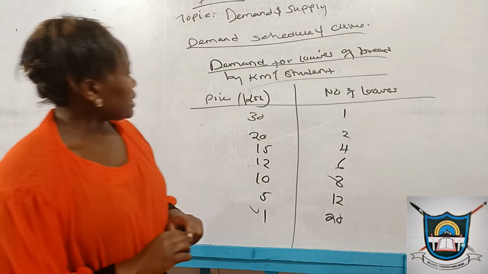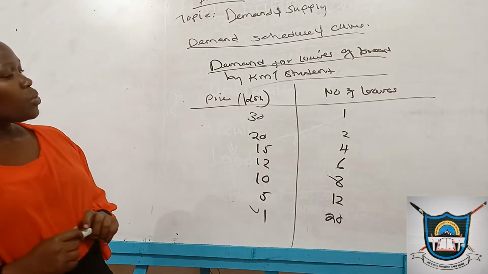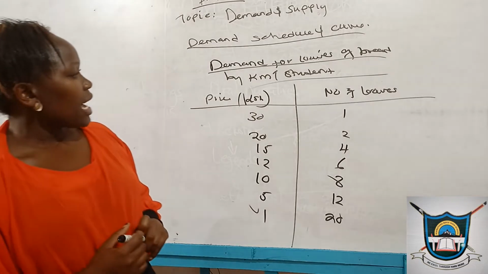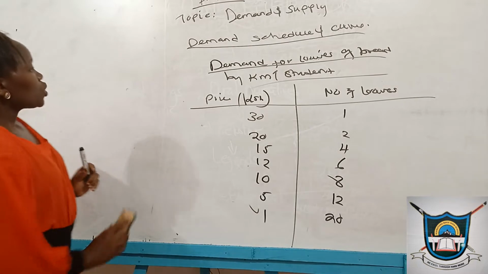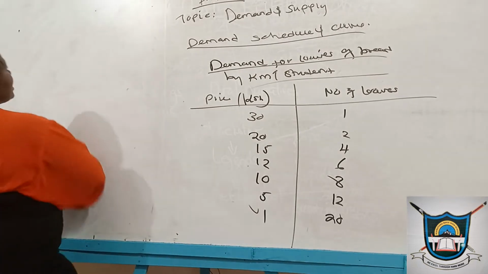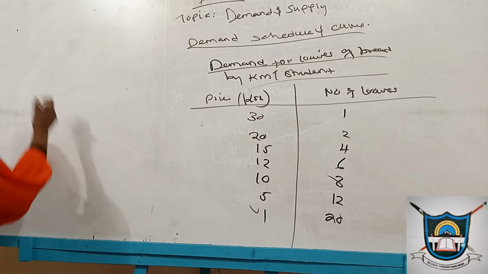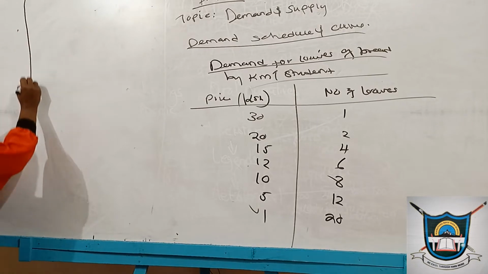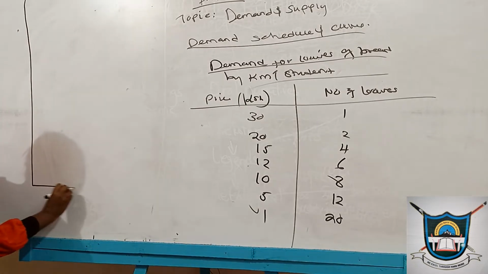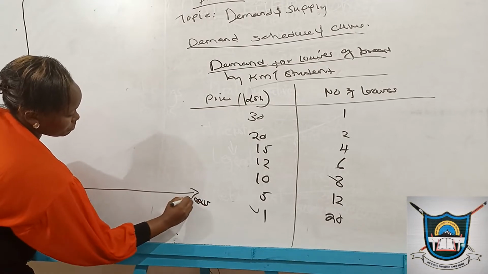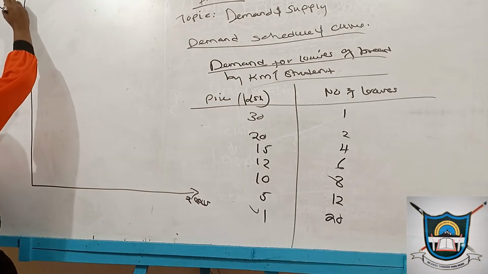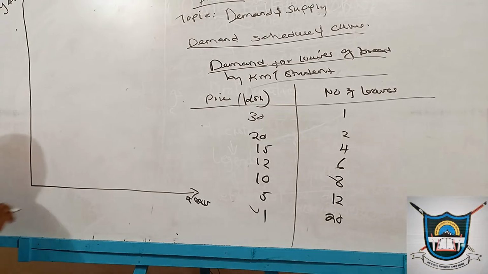Now, from the demand schedule that we have, you are required to derive a demand curve, and that is what we are going to do. So we are going to draw a curve. We have our y and x axes.